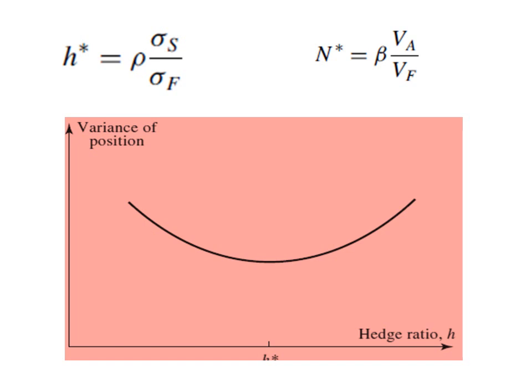The figure shows this shape. It's called the smile of variance, or variance smile. This shape is like a smile, similar to a man's smile.